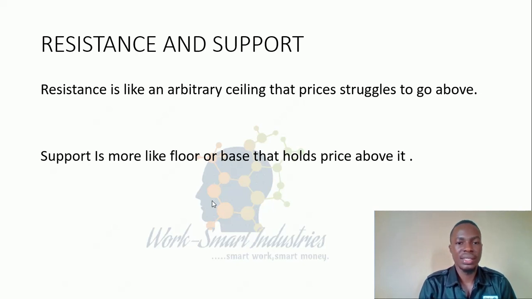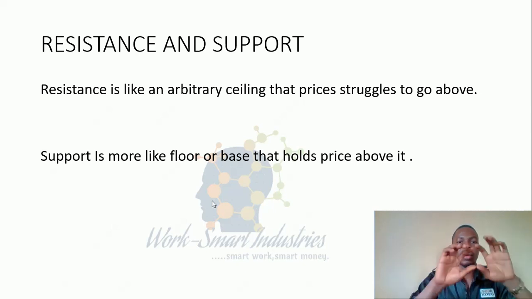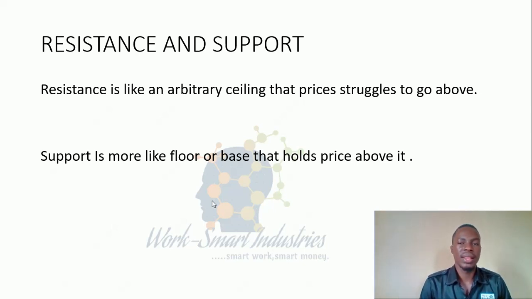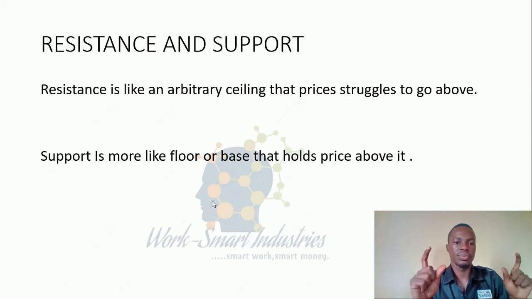It's arbitrary in the sense that there is no particular ceiling. It's more like a zone where you see price reacting constantly, not being able to go above this zone.